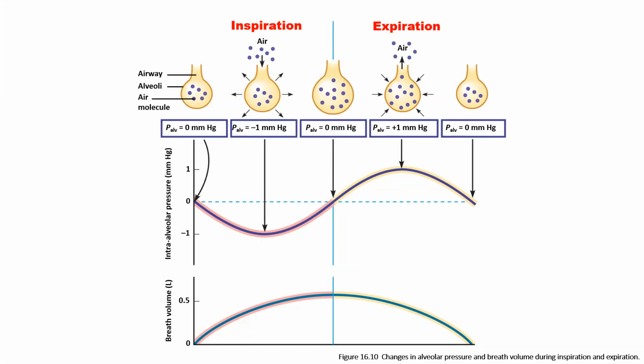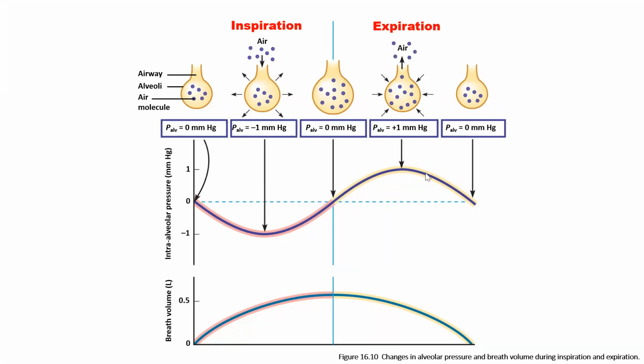So air starts leaving the lung according to that high to low pressure gradient. And then what we're seeing is the second factor that changes our alveolar pressure, which is the number of gas particles in the alveoli, right, in the lungs. And so as air leaves the lungs, I am now going to decrease my intraalveolar pressure because I'm decreasing the number of gas particles, okay?